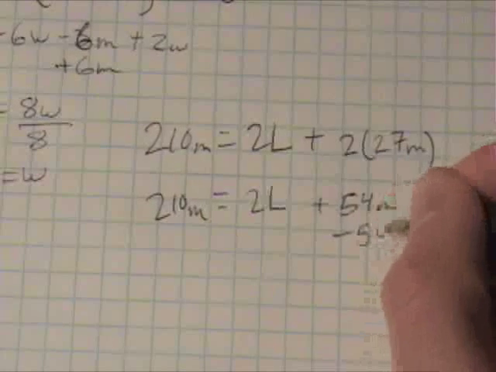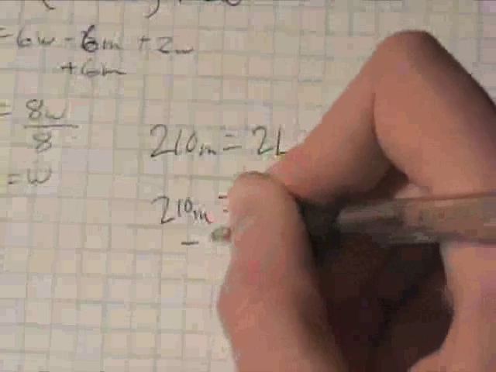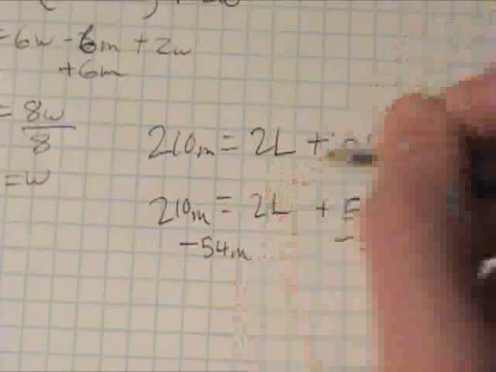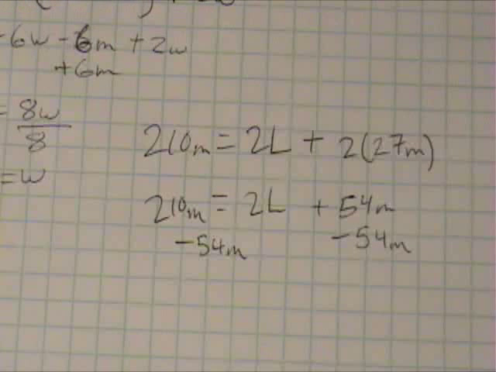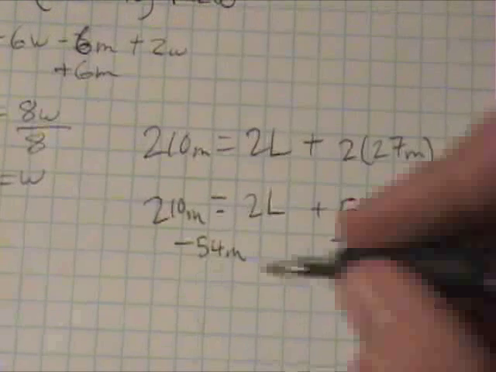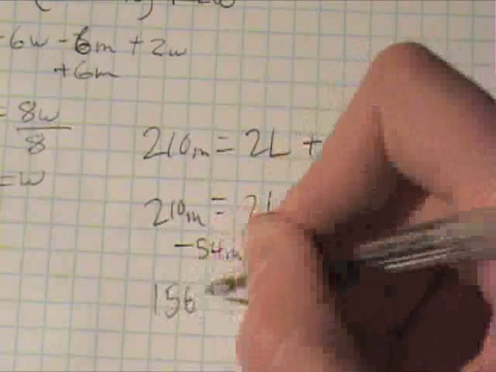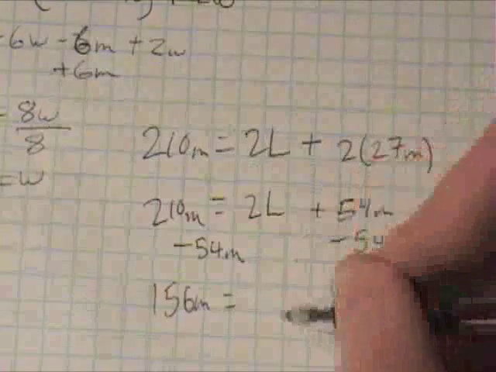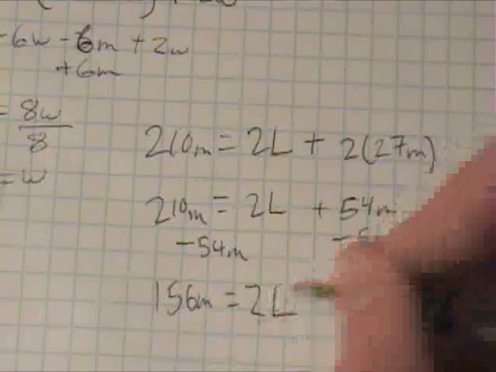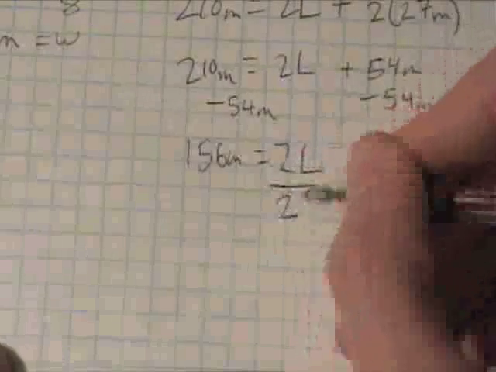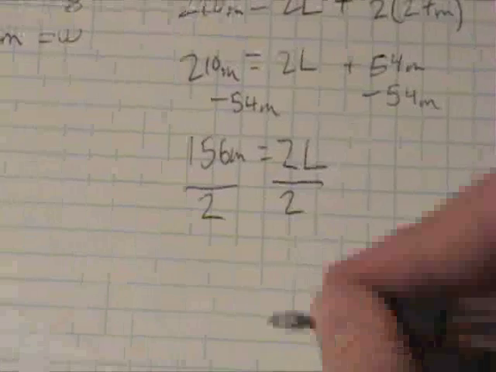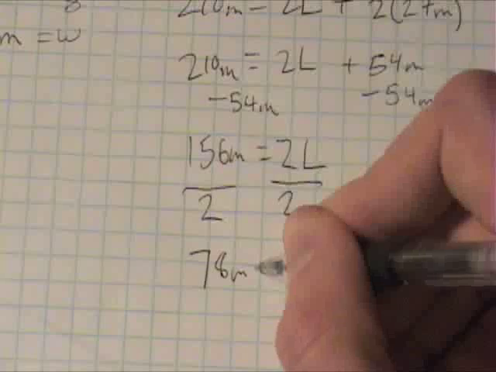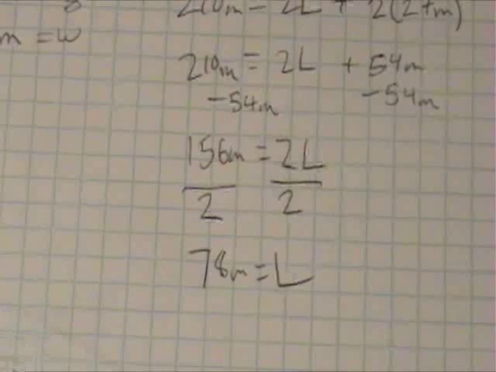Subtract 54 meters from both sides. And then plug it into your calculator. So 156 meters equals 2L. Divide by 2, and we get 78. 78 meters equals the length.